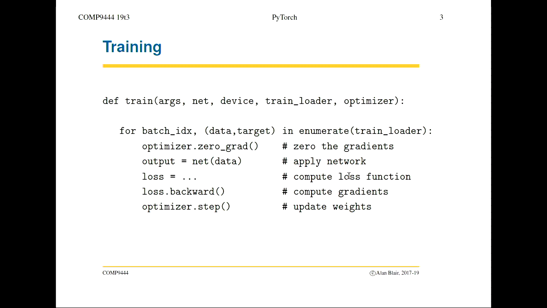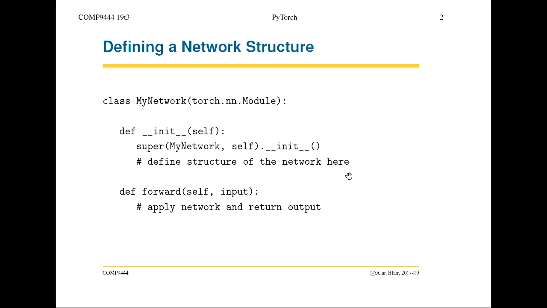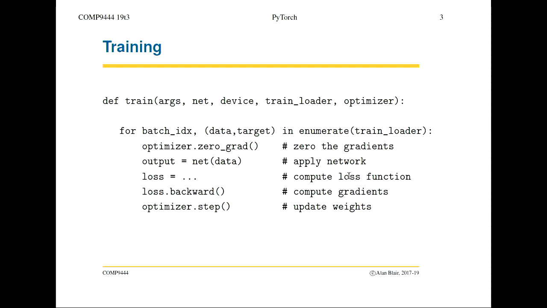The gradients are calculated automatically. In my network, I just define the equations that will do the forward pass on the network. I don't have to calculate the derivative myself because PyTorch will do that for us.